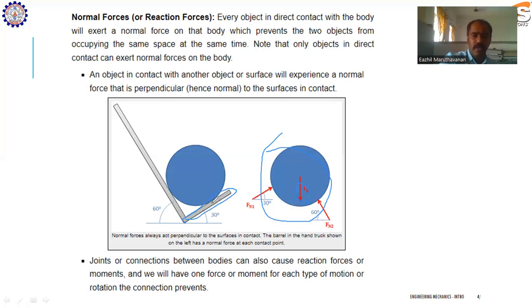So the reaction force acts perpendicular to the lying plane. Here we are drawing it perpendicular to the plane. Likewise, for this plane, we have to draw perpendicular to this line. Later on, we can identify the angles based on various principles.